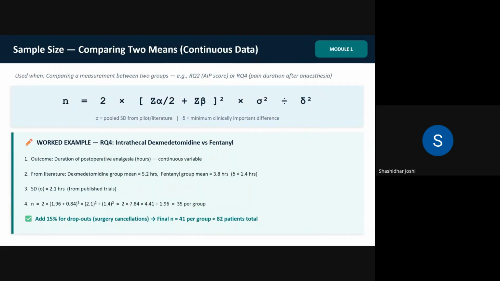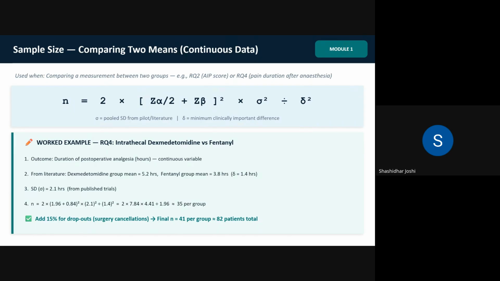What is the clinically important difference you want to see? Z alpha by 2 is fixed, and Z beta is fixed, as you have seen in the previous example. The only things you need to get values for are sigma and delta, from the literature or after speaking to your guide.